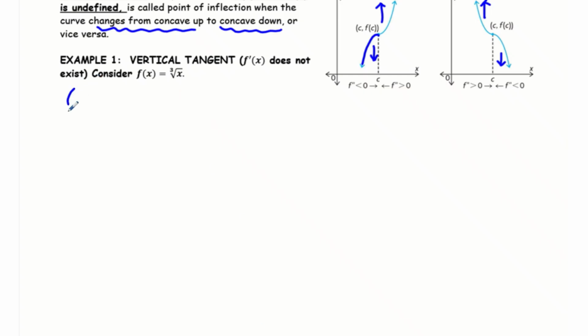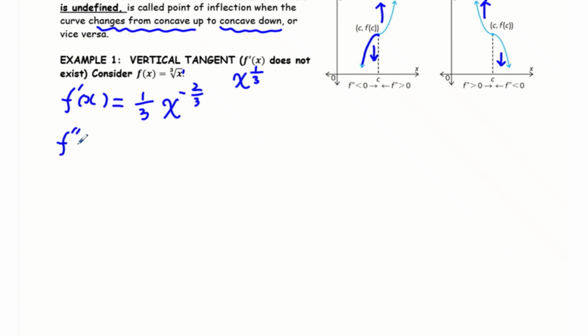So we are going to find the f prime. This one we could write as a fraction exponent, 1/3, with 1 as the numerator and the index number 3 as the denominator. Then the derivative is the degree to the front, then degree minus 1. This is our first derivative.